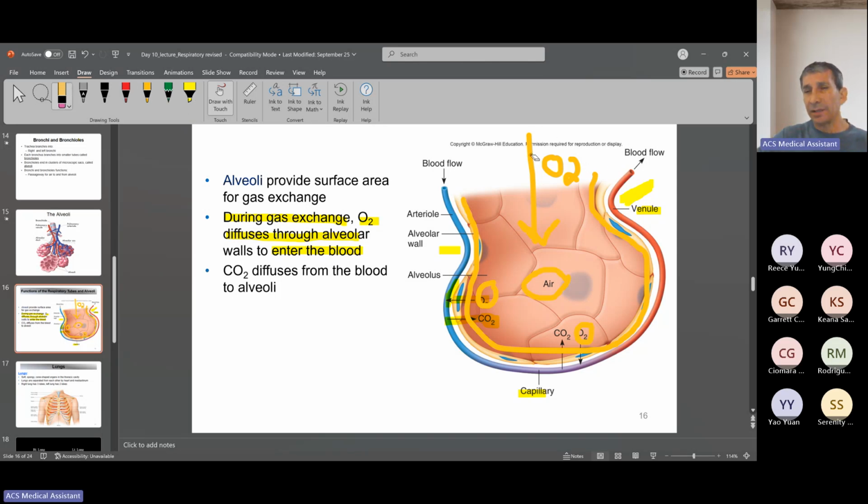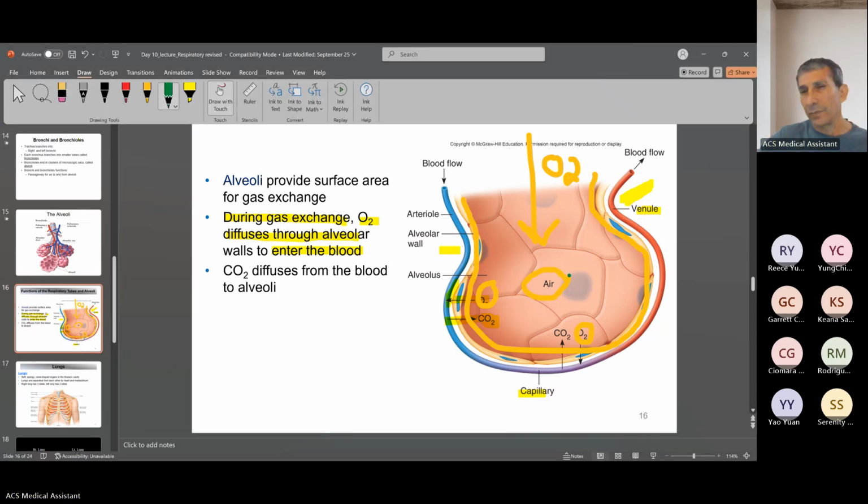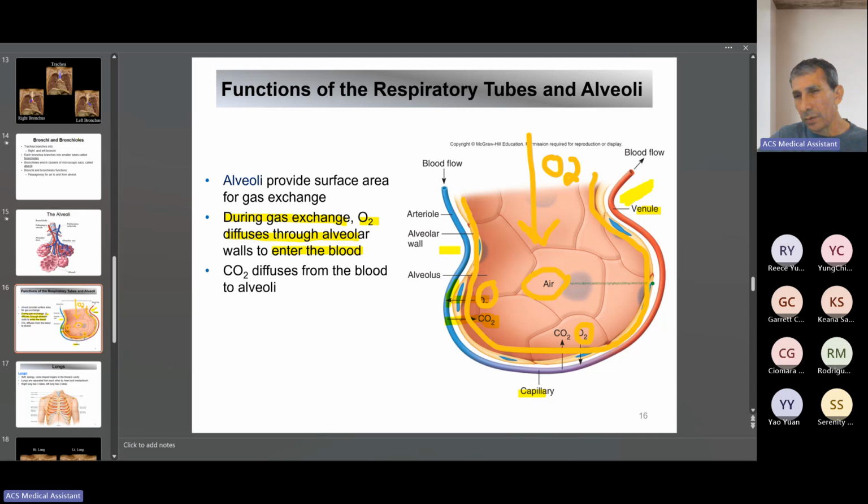So this air that enters these sacs contains oxygen, but the oxygen needs to go into the blood. So it's going to go right here to the blood. From the air, oxygen goes to the blood.